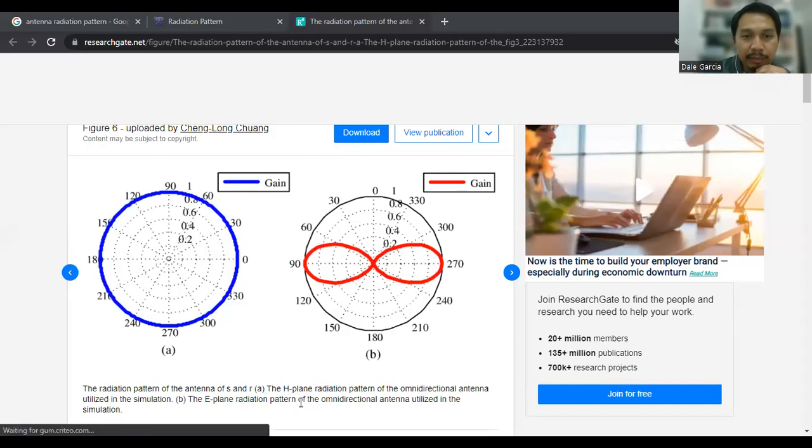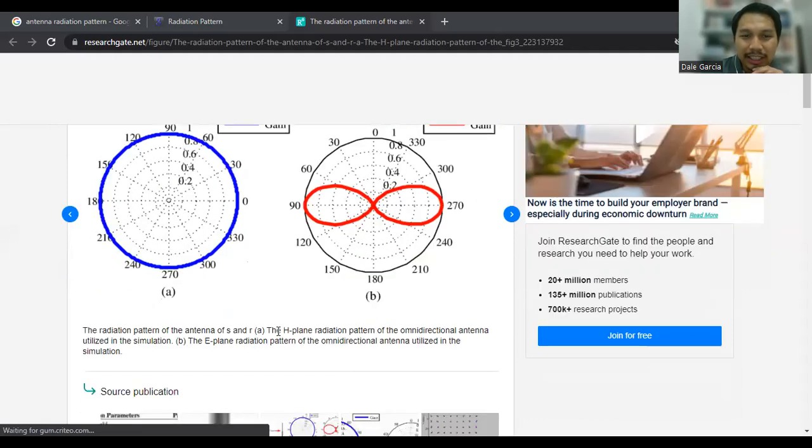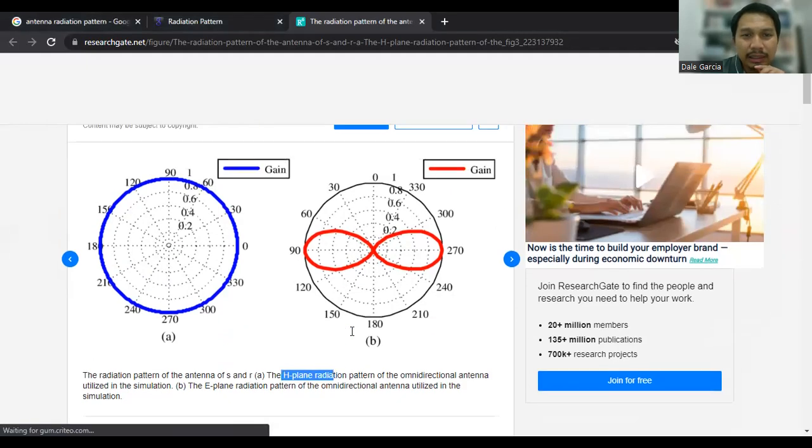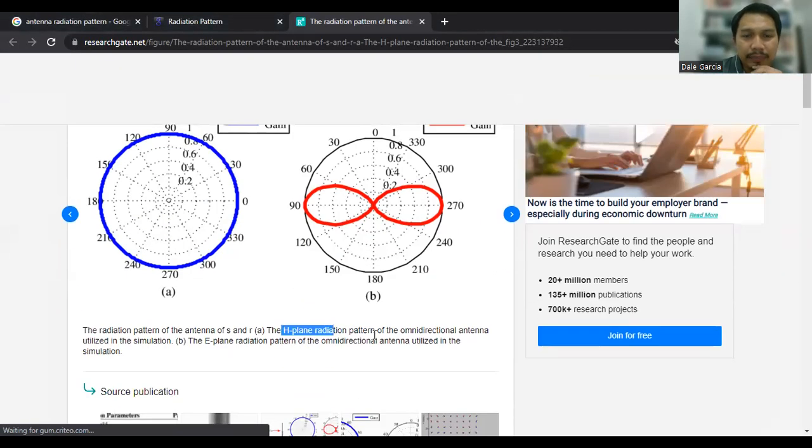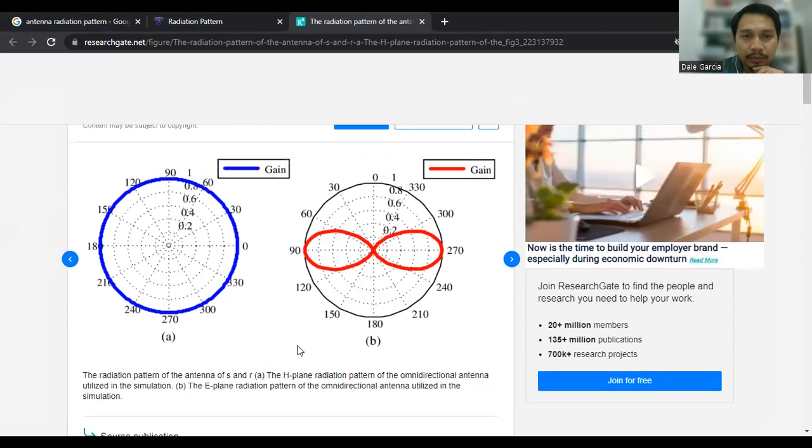In the H plane and E plane. The H plane is the magnetic field plane, and the E plane is the electric field plane.